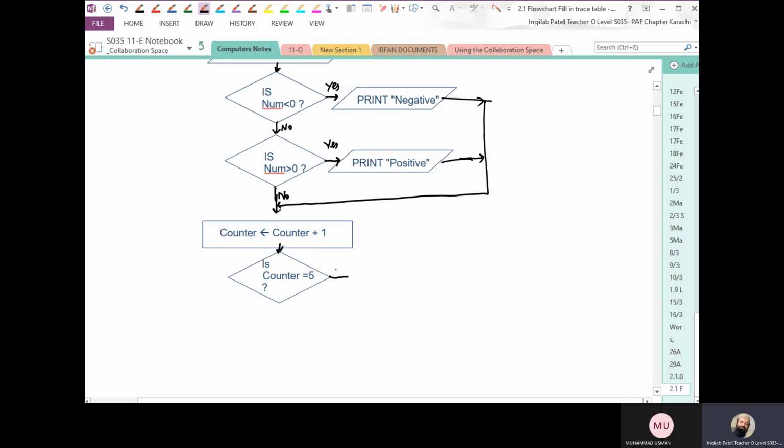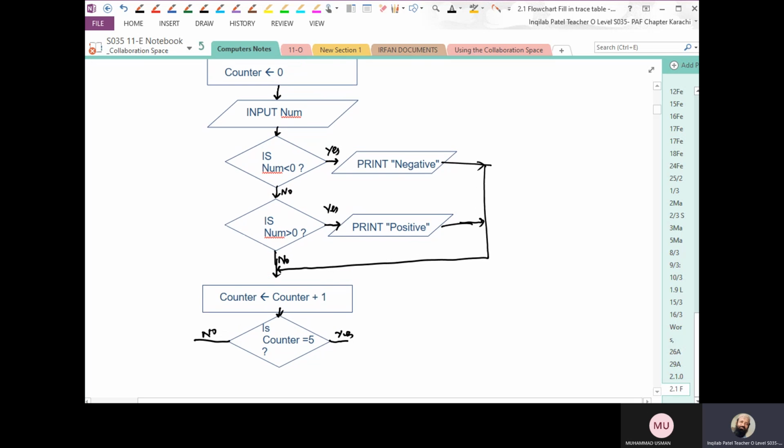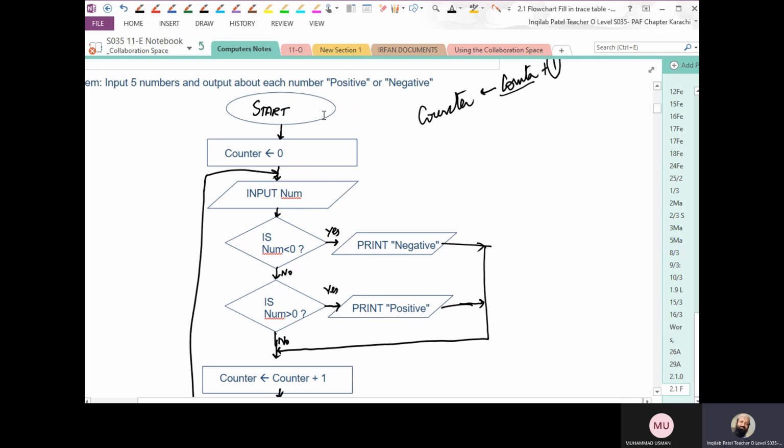If yes, then we will stop, and if it is not equal to 5, then we will go and input another number, and if it is equal to 5, then we will stop our program.